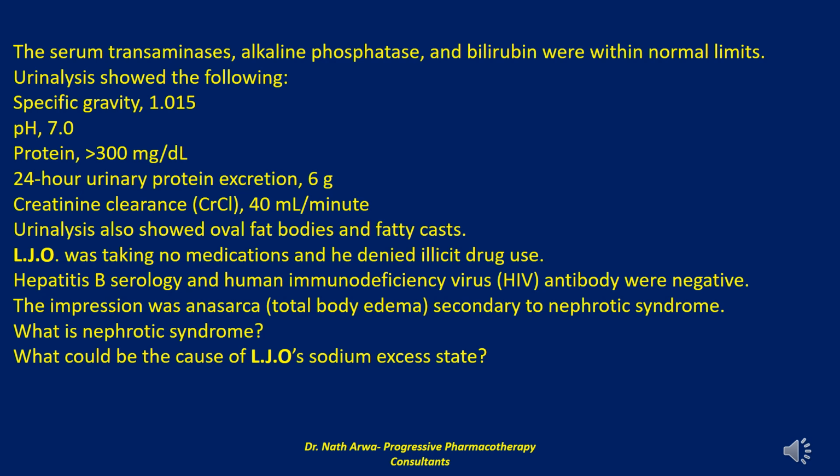LJO was taking no medications and he denied illicit drug use. Hepatitis B serology and human immunodeficiency virus antibody were negative. The impression was anasarca, total body edema, secondary to nephrotic syndrome. What is nephrotic syndrome? What could be the cause of LJO's sodium excess state?